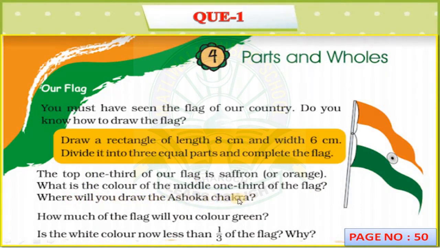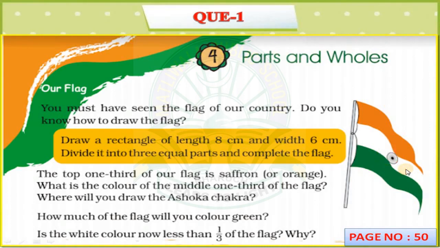The Ashoka Chakra will be drawn on the middle of white color, which I have drawn here. You can see which I have drawn here. Ashoka Chakra is drawn on the middle of white color in our national flag.